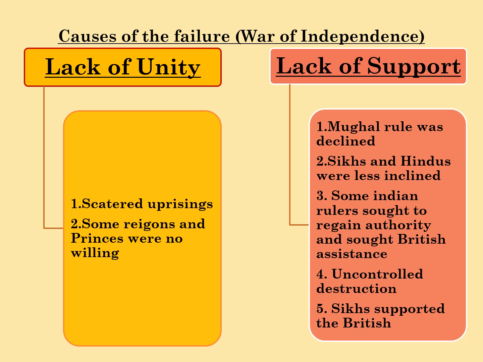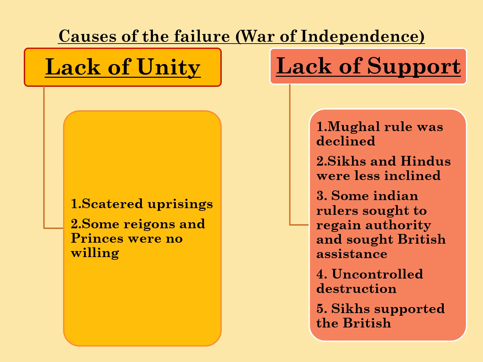There was a lack of support, because the influence of the Mughal Empire had declined, leading locals to prioritize economic and physical security. So Muslims generally opposed the British more vividly, while Sikhs and Hindus were less inclined due to their aversion to Muslim rule.